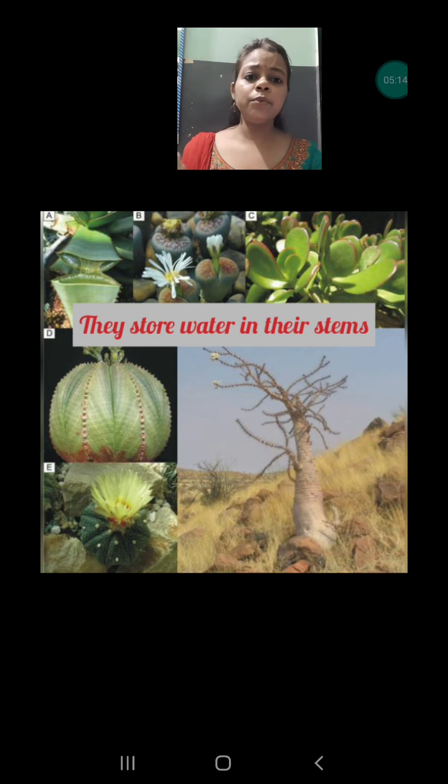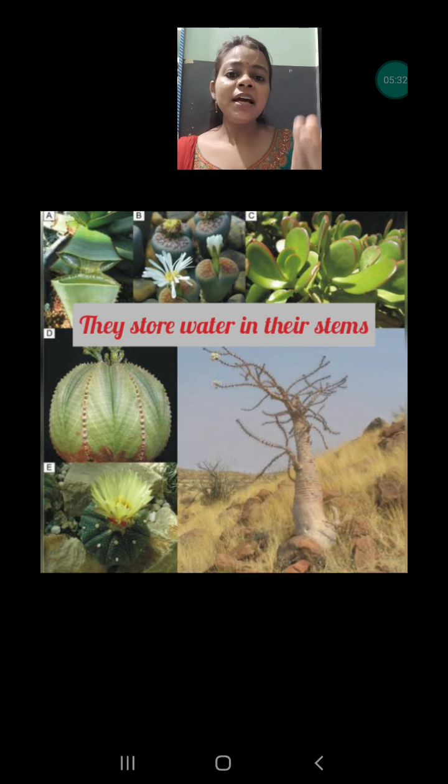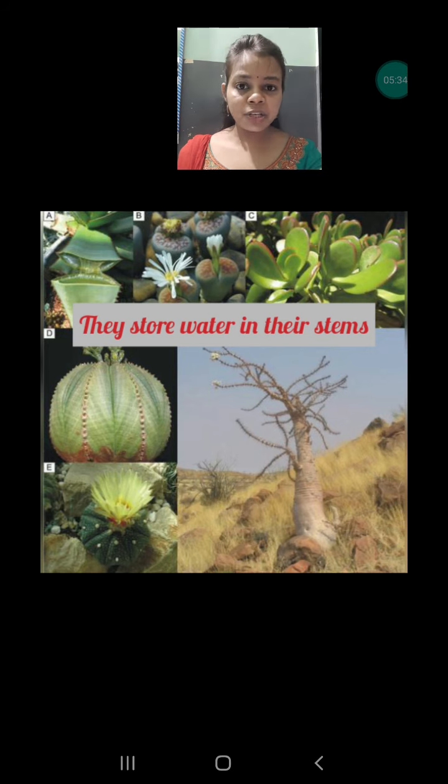They know they are not going to get very much water, so whatever water they get, they store in different body parts, either in the leaf or in the stem. If you cut desert plants or cactus, you find them very fleshy, and the water is contained in the stems.